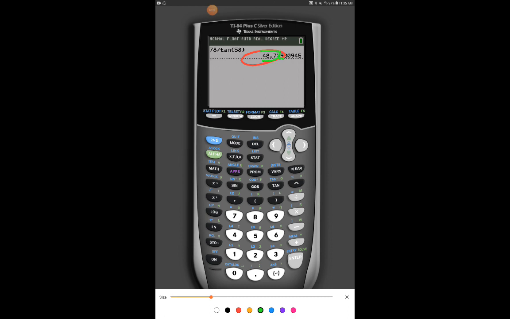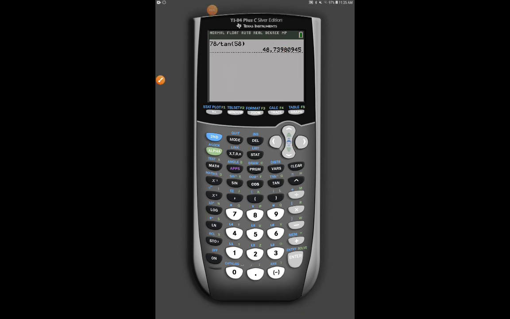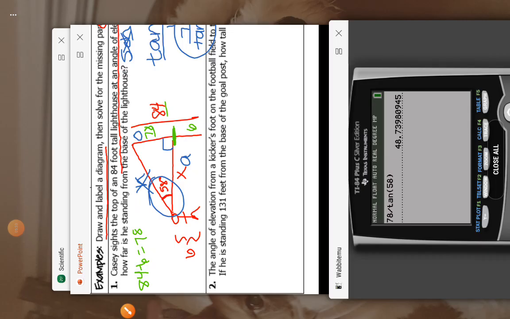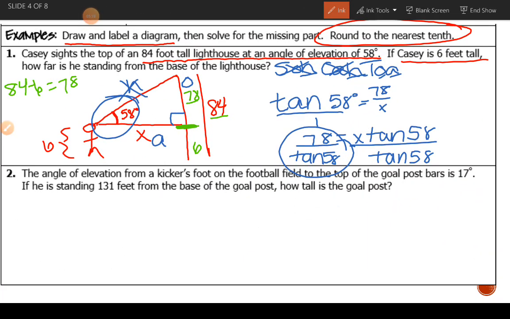So this right here, 48.7, that's going to be our answer. So x is equal to 48.7, and it's a word problem, so we're talking about feet. So Casey's going to be standing 48.7 feet away from the lighthouse.